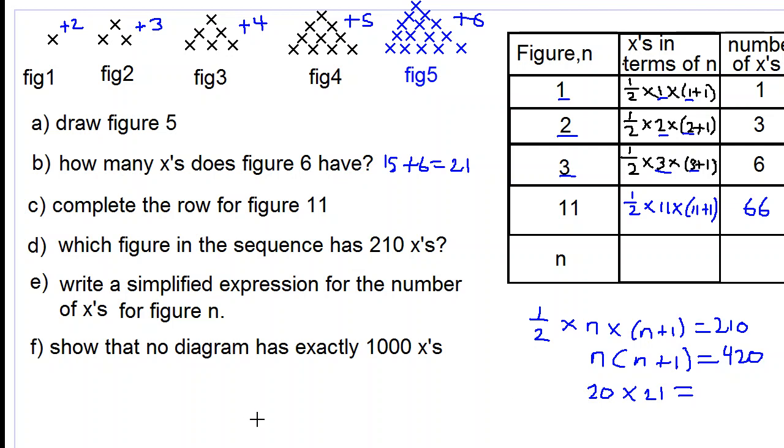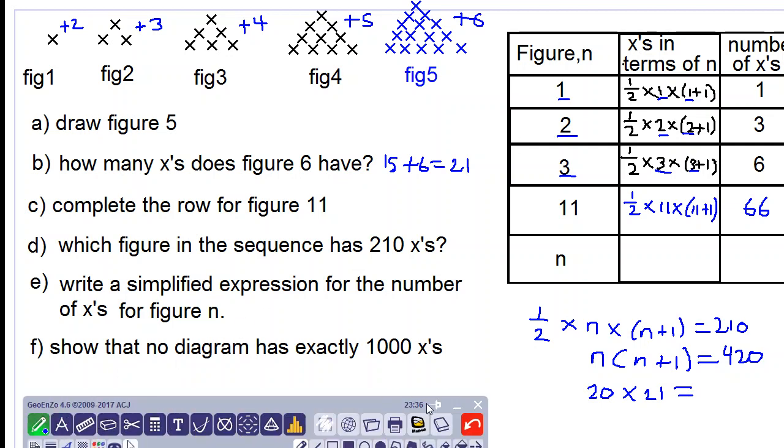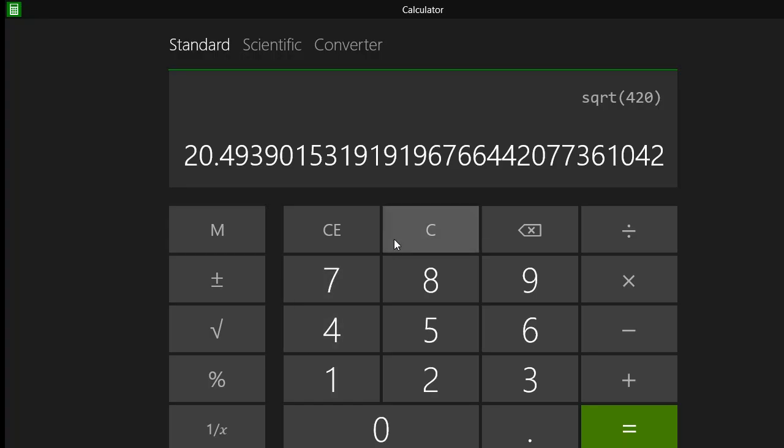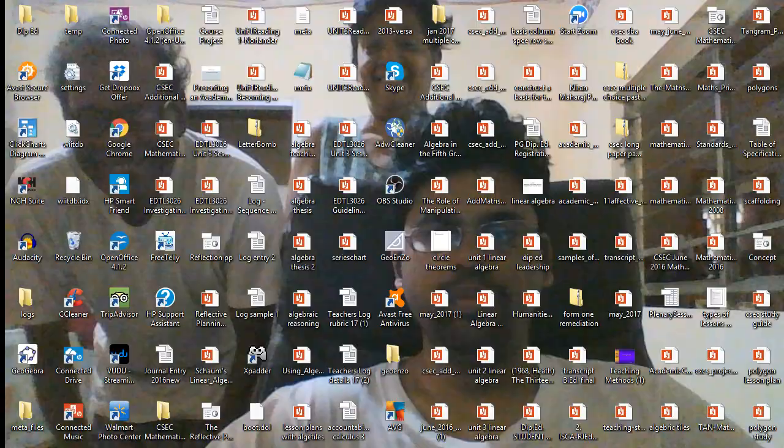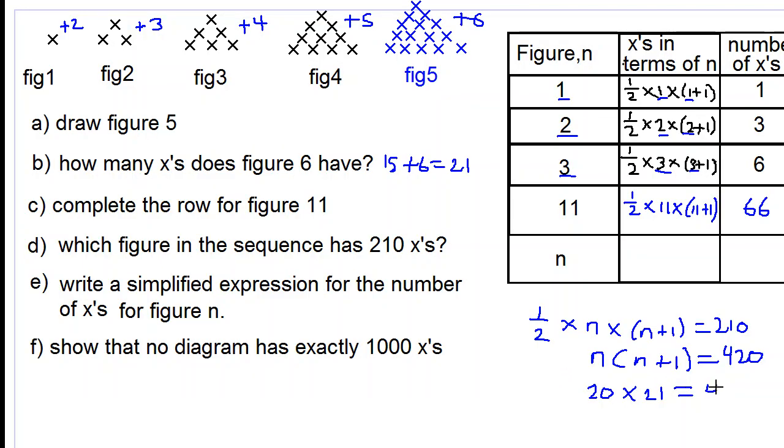Let's see if that is equal to 420. So we have 20 times 21 equals 420. So we have our answer. Right, so the answer is figure 20 because n represents the figure. So the answer would be 20.